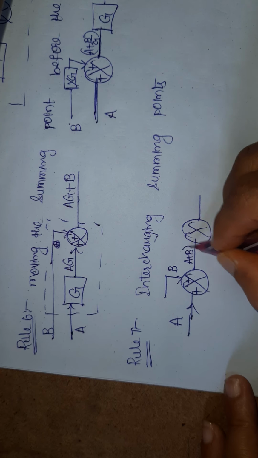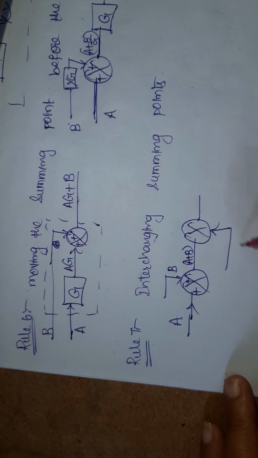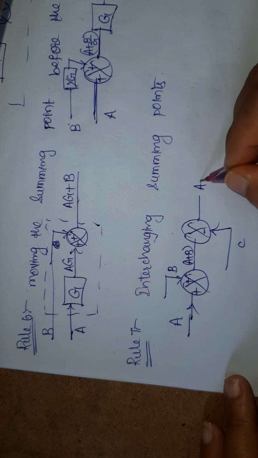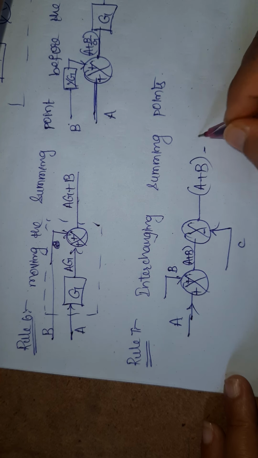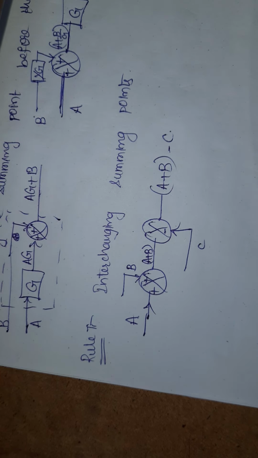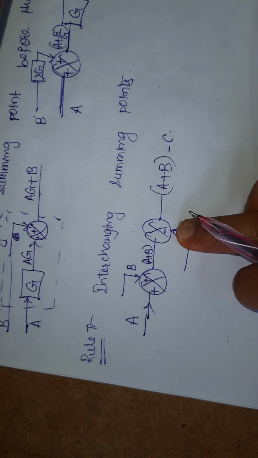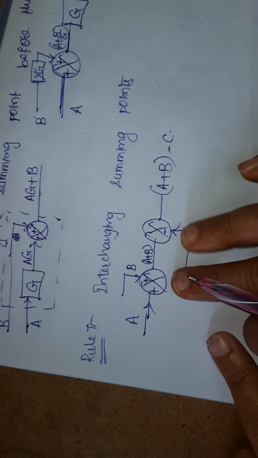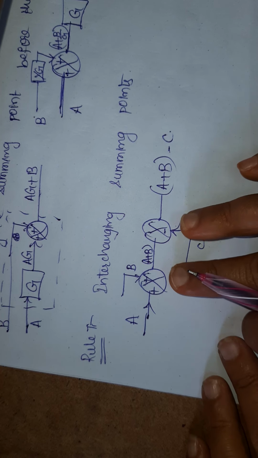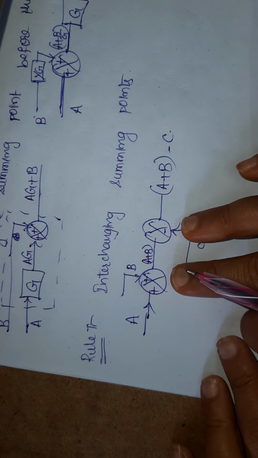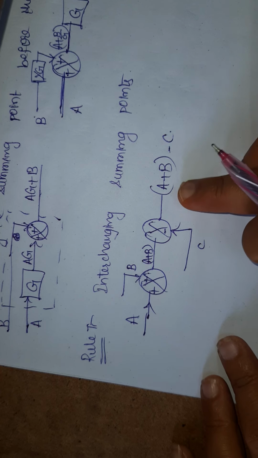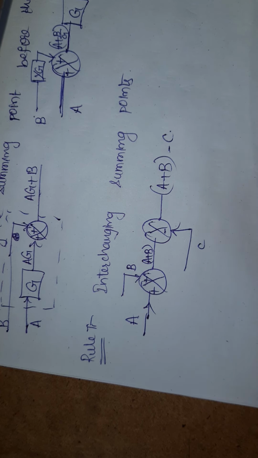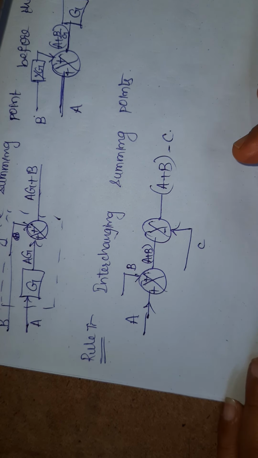A plus B. And next here I am giving C, A plus B minus C. So two summing points are there. We can interchange the summing points without any changes in input and output, without adding any blocks.